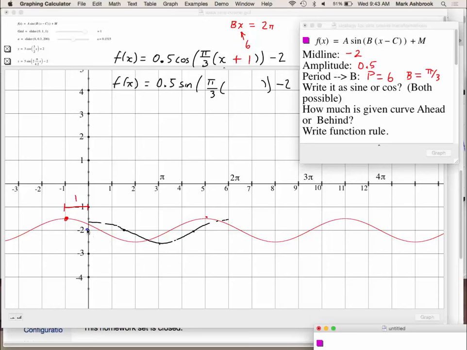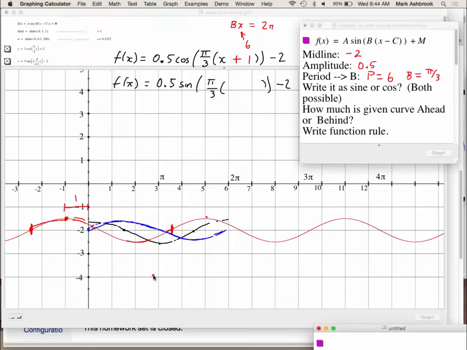Where's the closest sine cycle on the red graph? The closest one is here, from here to here. Ahead or behind, and by how much? Ahead by 2.5.